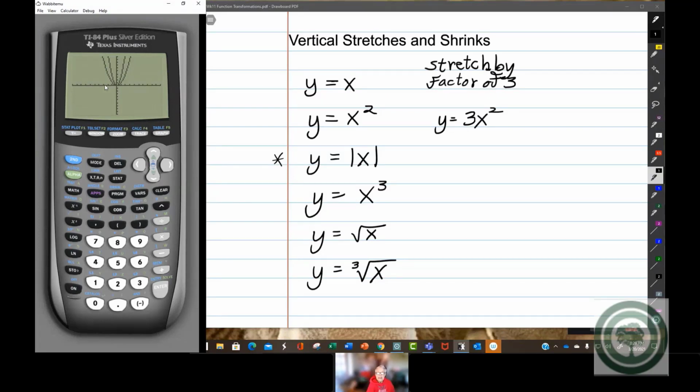Notice that none of the x coordinates have changed. 0, 0 is still at 0, 0. But it's like an invisible two hands came down and stretched the line up.